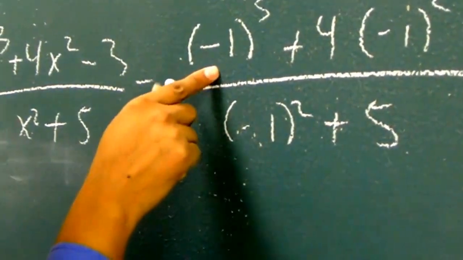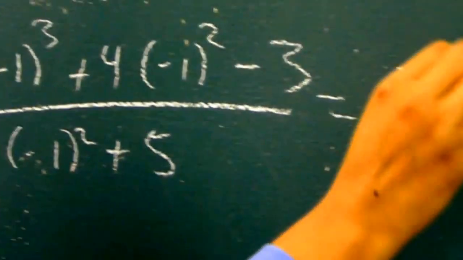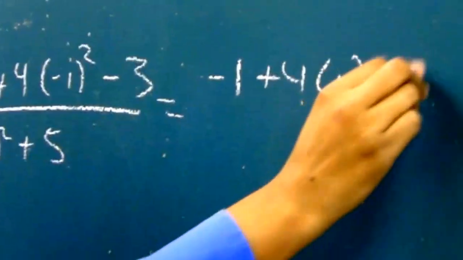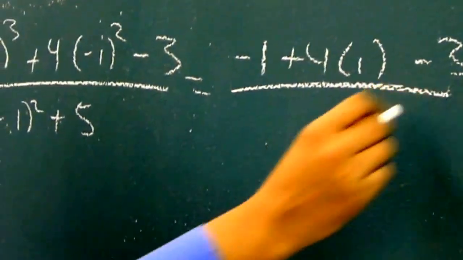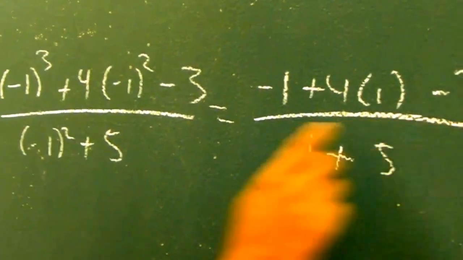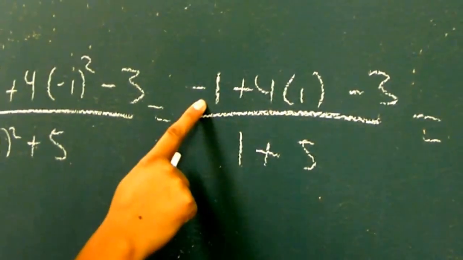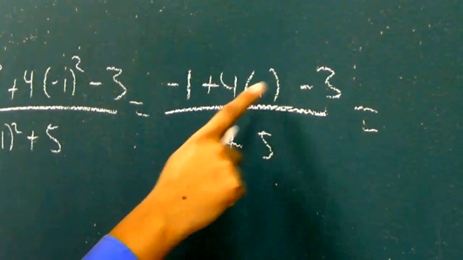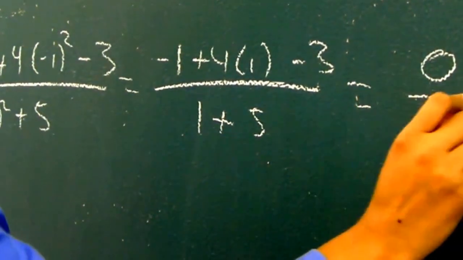So we have -1 cubed, it's -1, plus 4, -1 squared is 1 positive, minus 3 over -1 squared is 1 plus 5. We add all the numbers, so we have -1 plus 4, so it's positive 3 minus 3, that's a 0 on top.